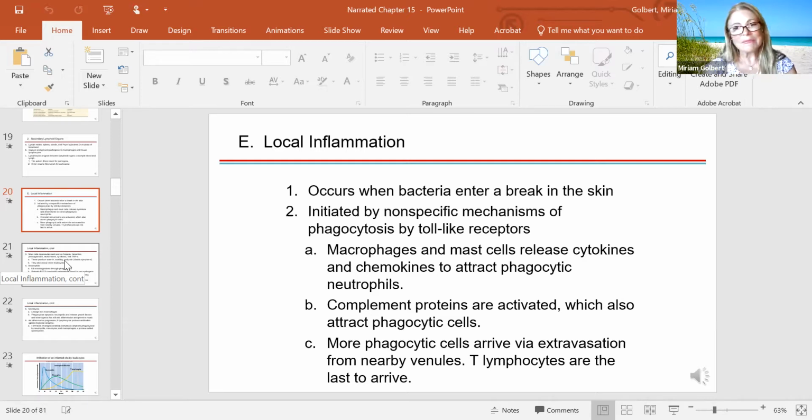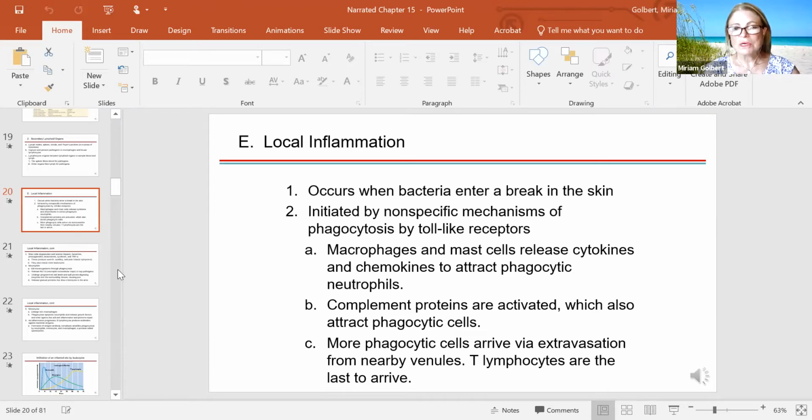If you have a break, meaning even a scratch, a scrape, or a cut, then that allows bacteria to enter the skin, and that starts the process of inflammation. So same with pus, inflammation is not pleasant because it's sometimes painful, but this is a sign that your immune system is working.